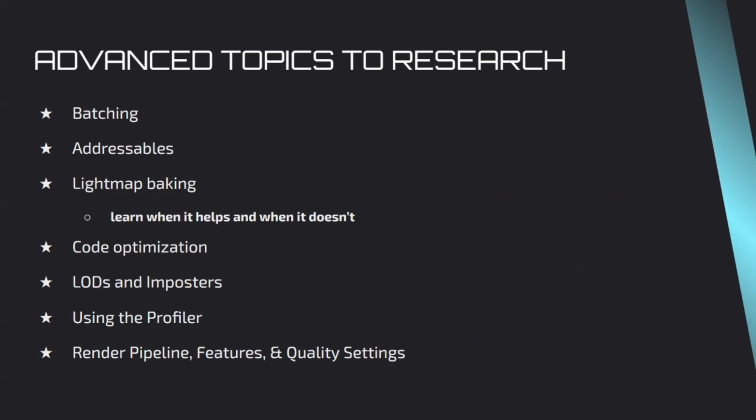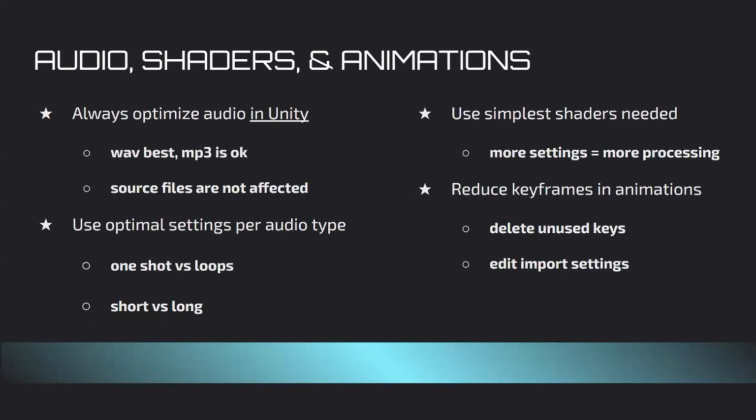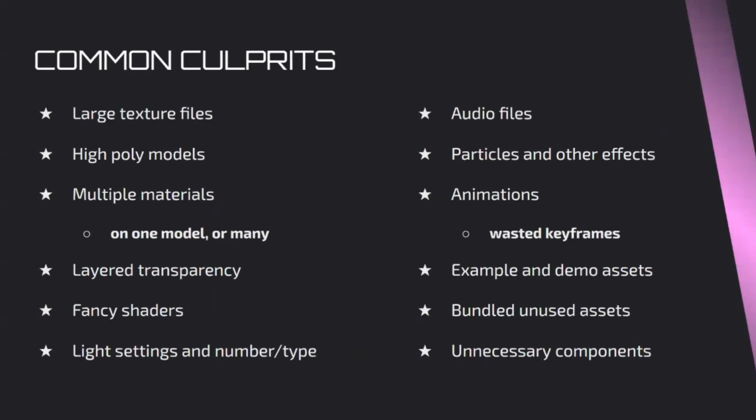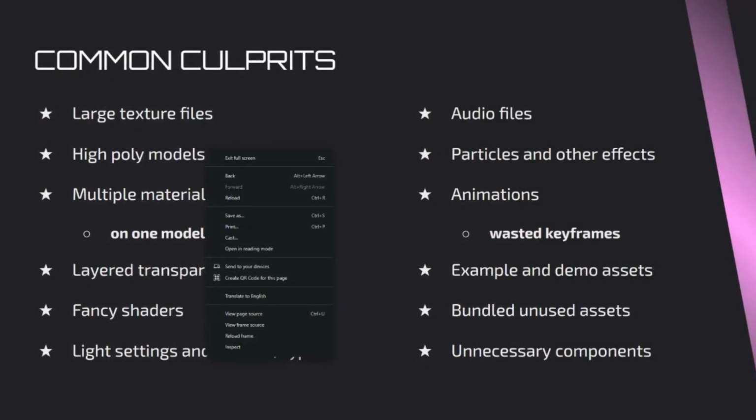So it definitely is a good technique to offset having a bunch of real-time lights, because real-time lights are a huge culprit. I think I listed that in the common culprits: the lights and their settings, and the number and type of lights.